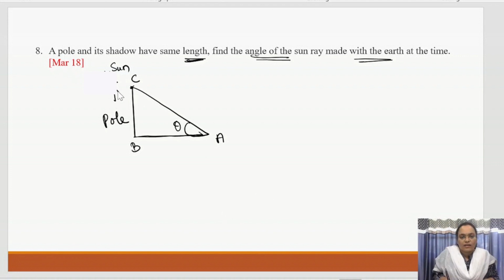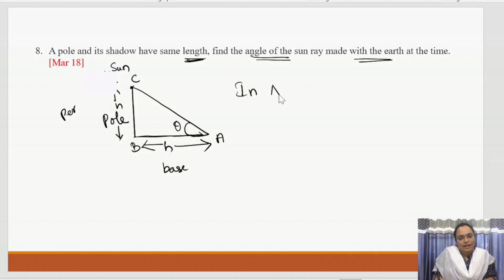Let us take, this is height h and h. Because he says it has the same length. So see here, if this is the angle, this is the perpendicular and this is the base. Right? So which function can we take? We can take tan. Right?